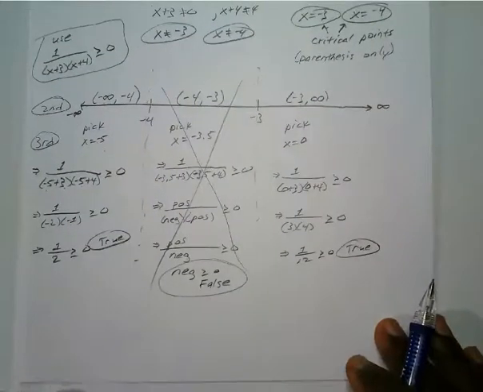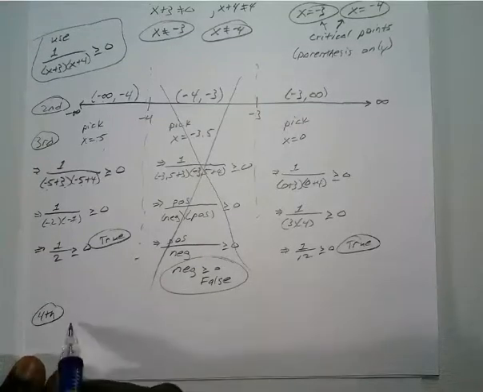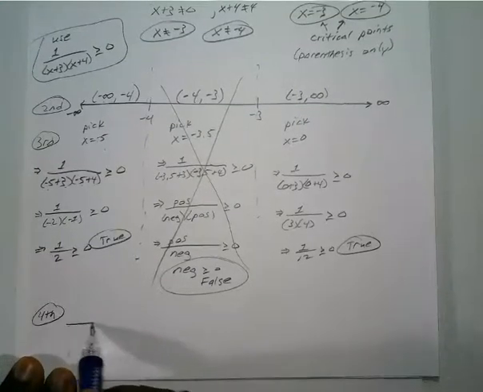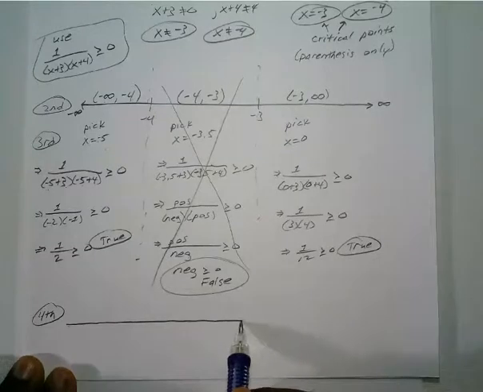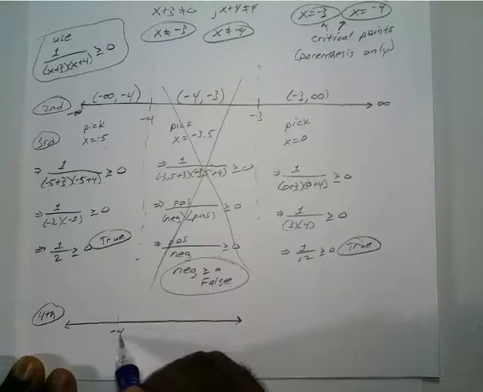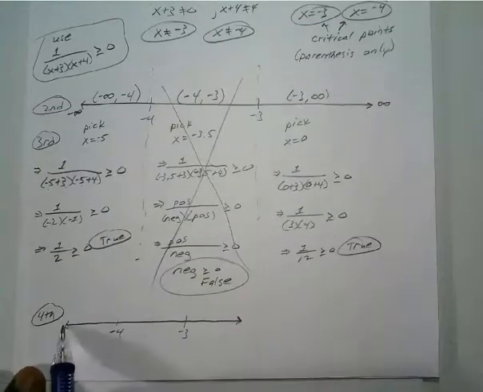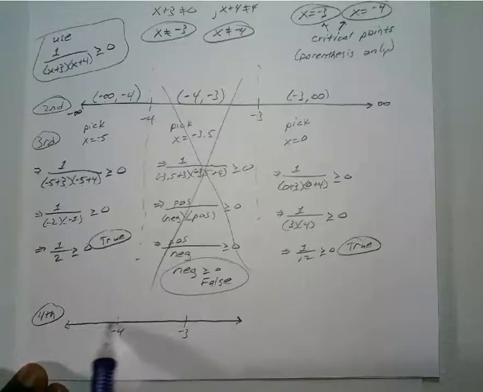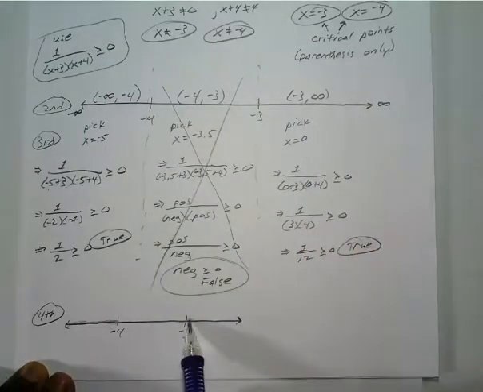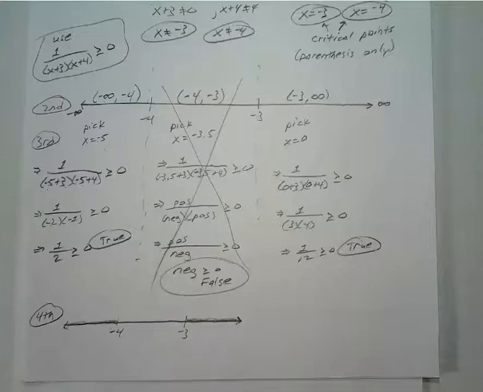Alright, so now we go ahead to our fourth step where we put this on a graph. So we have negative 4 to negative 3. We know from negative infinity to negative 4, we're going to shade that in because we did not cross it out. And from -3 to infinity, we're going to shade that in because we did not cross it out.